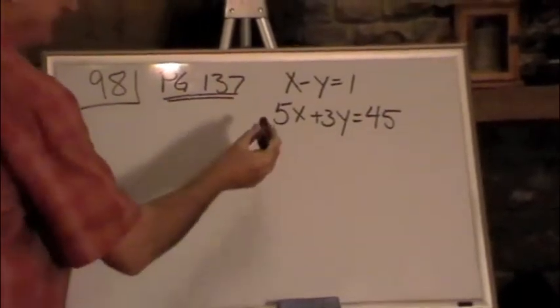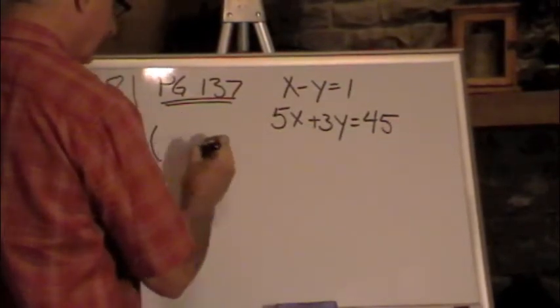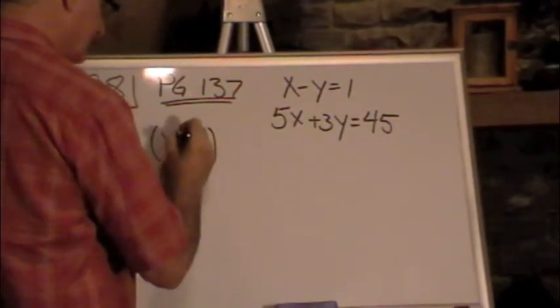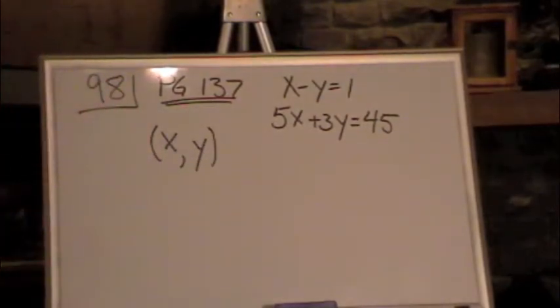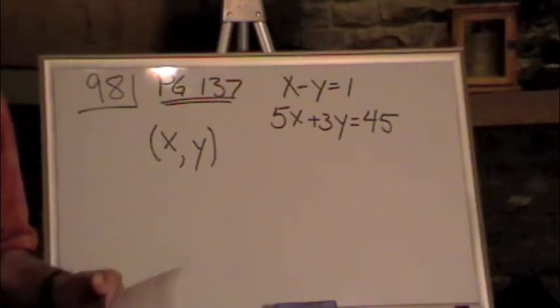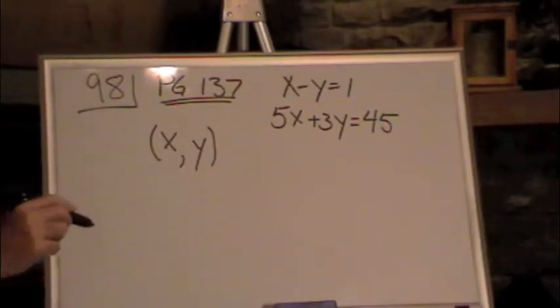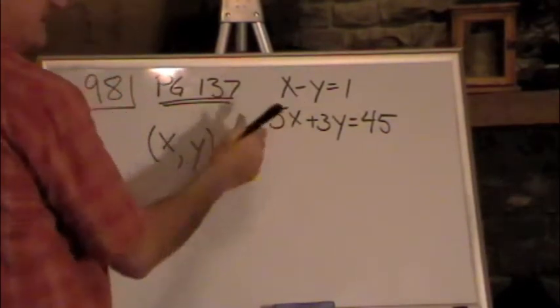The goal here is to be able to find a set of points, an x value and a y value. You might remember that from graphing. I'll show you on a graph chart on the next pictorial. What they want you to do is get x by itself.